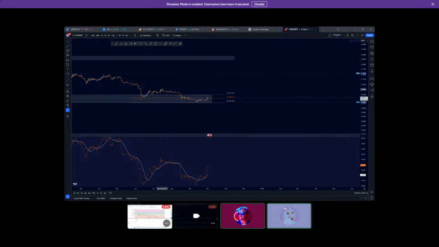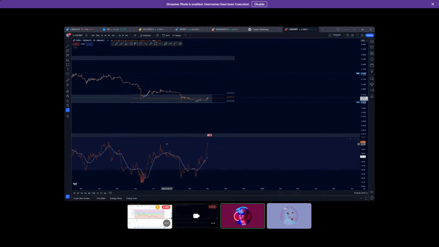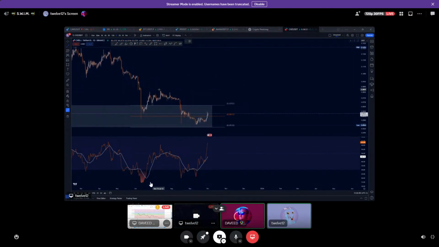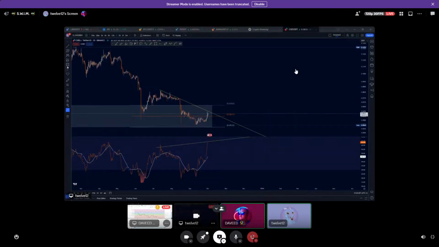I was counting this divergence because I saw it with the 14 RSI length. Where's the divergence? Right here, and right here. Oh, top. Okay. So we've got this one lined up here, and this one lined up here. Like I said, this is an 80 candle.